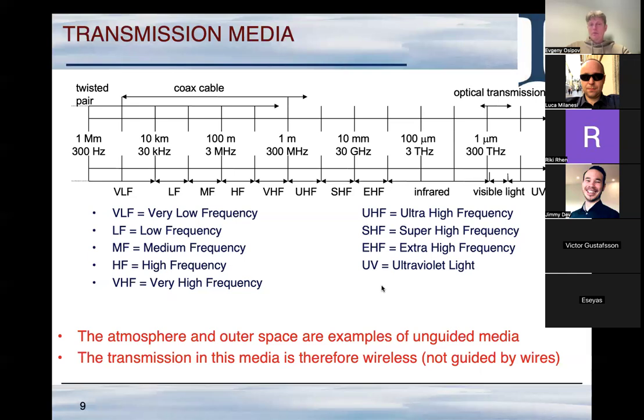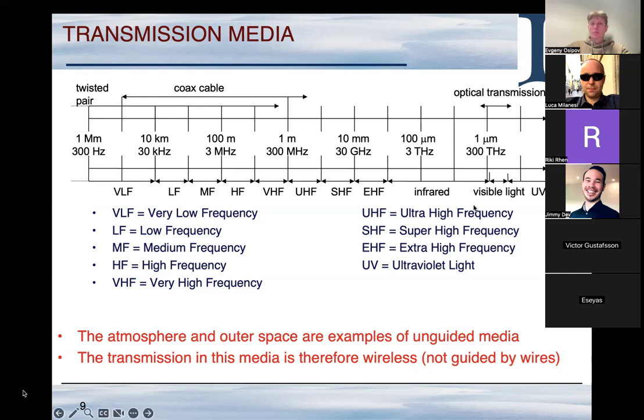And depending on which part of the electromagnetic spectrum we are operating in, the signal can be affected by different factors. So it can be attenuated or corrupted.